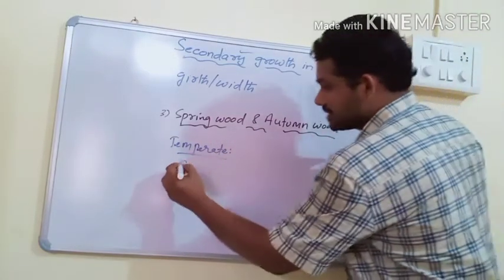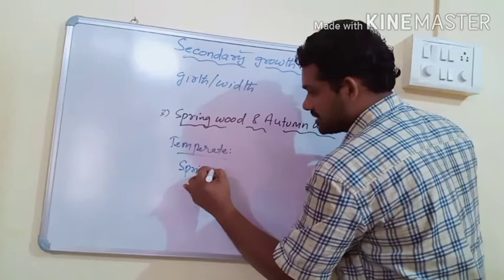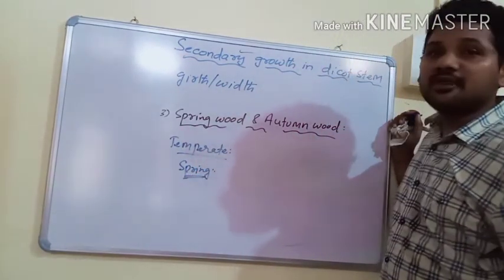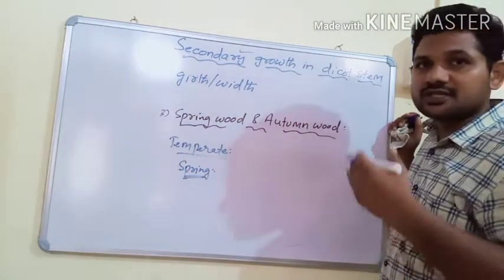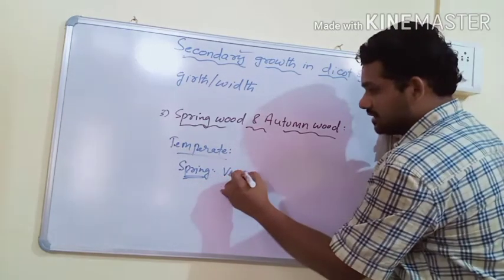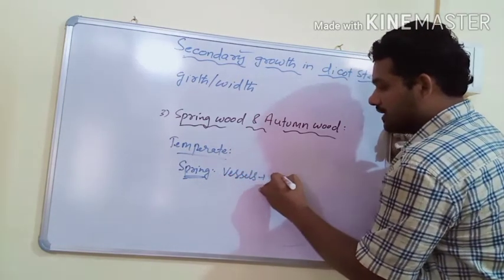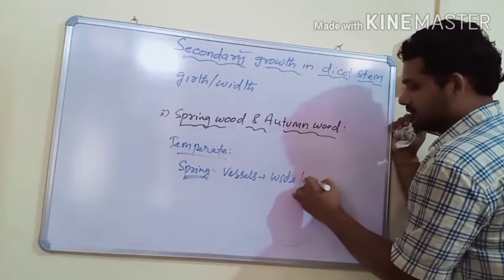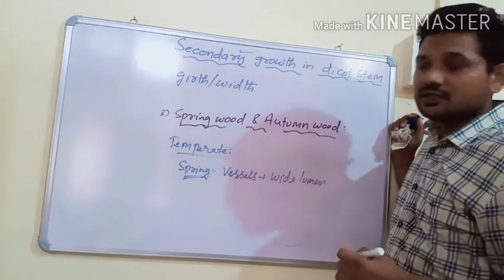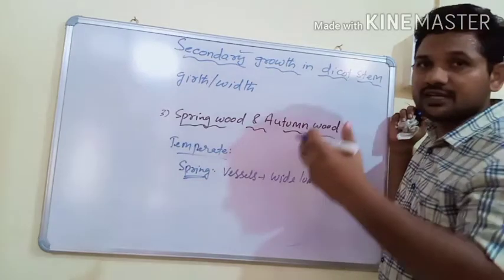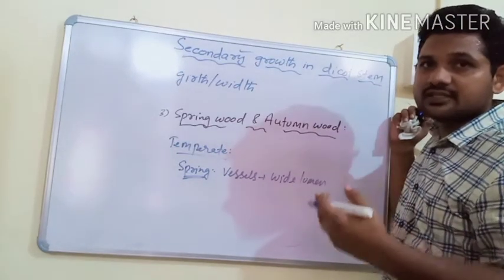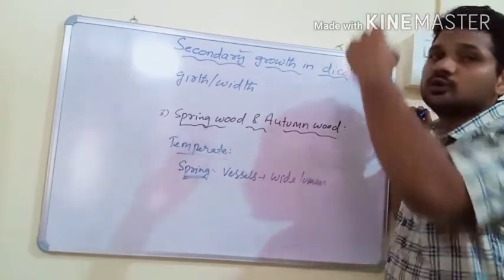In spring season, the cambium is more active, so it produces tracheary elements like vessels. It produces vessels with wide lumen. So the tracheary elements formed during spring season are very active. They help in conduction of a large amount of water and minerals from the root to the top of the plant.